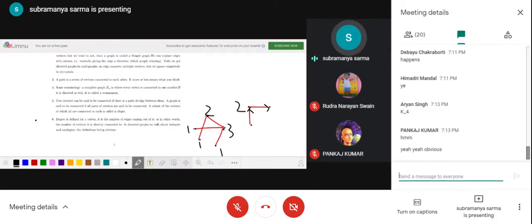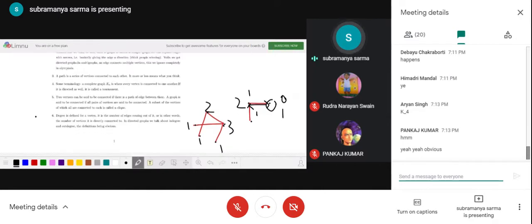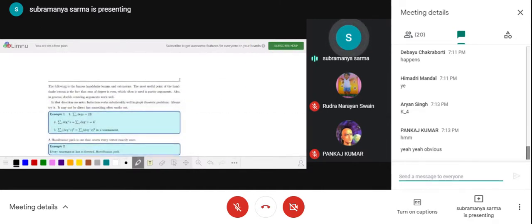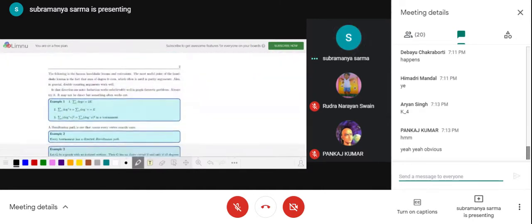Out degree is the degree going out. For example, the out degree for this vertex is going to be 1, and the in degree is also going to be 1, because there's one arrow coming in and one arrow going out. For this one, the out degree is going to be 0, and the in degree is going to be 1. So I think all these should be rather natural.